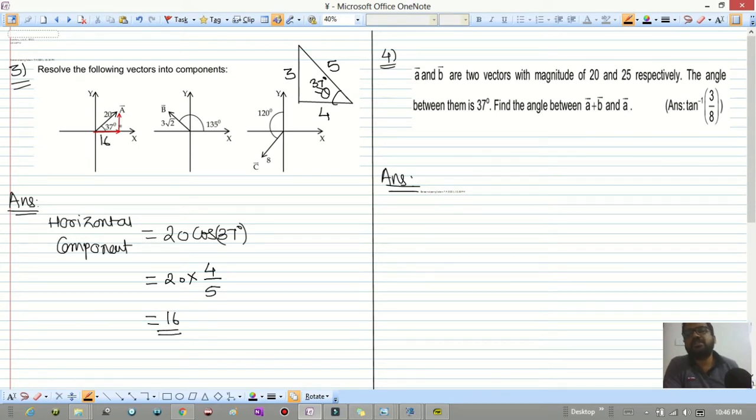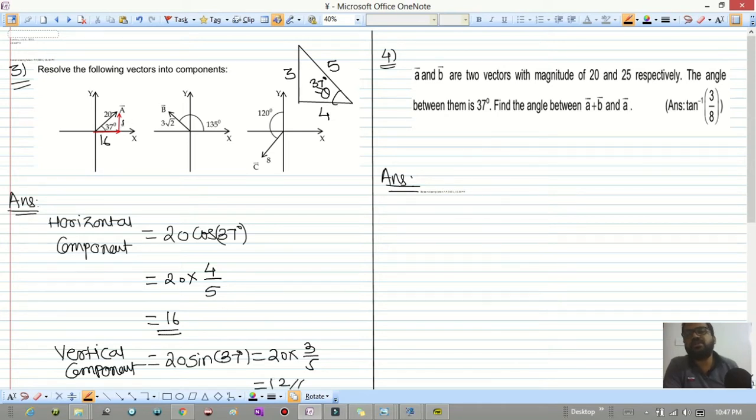Likewise, what is the vertical, or the opposite, component? The vertical component is equal to 20 sin 37 degree, which is 20 into 3 divided by 5, that is equal to 12 units.